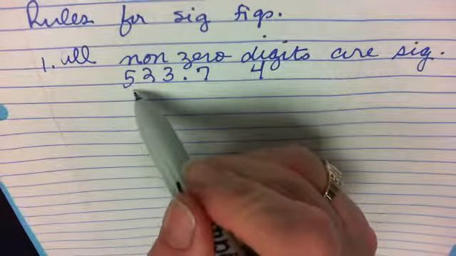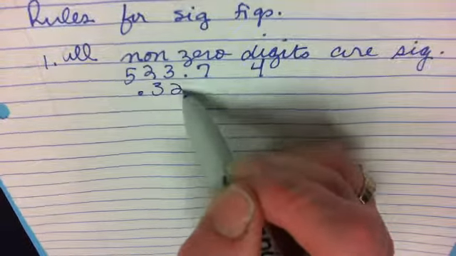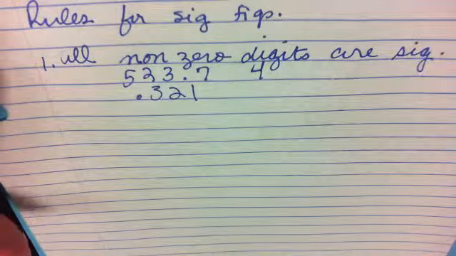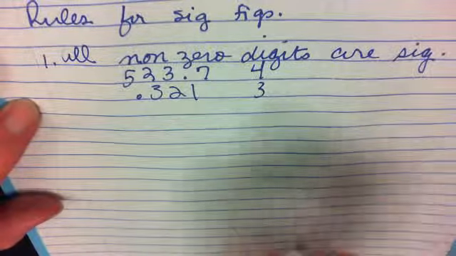If we had a number like 0.321, all of them are non-zero numbers, so they're all significant. We got 3 significant figures there.